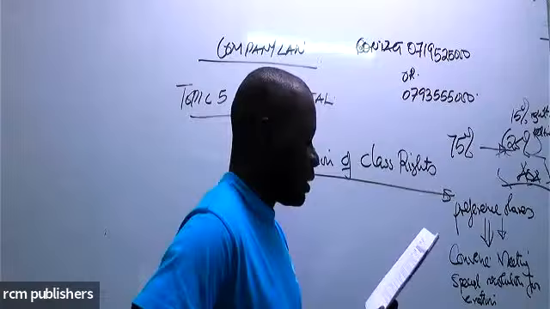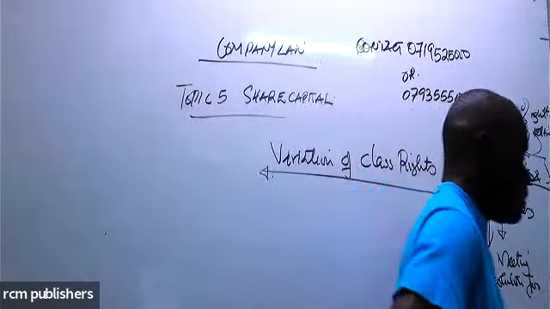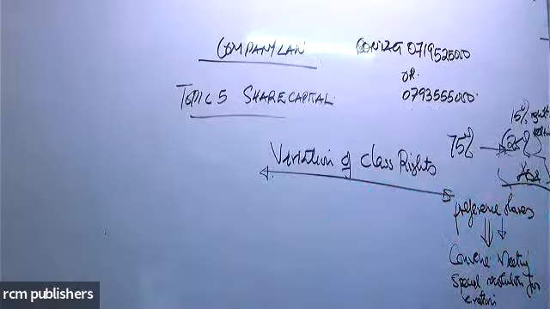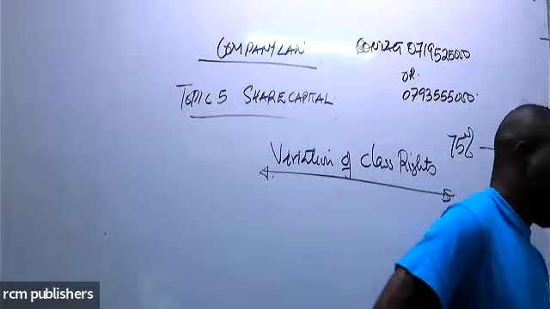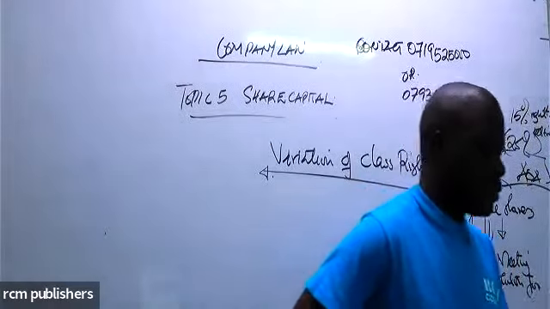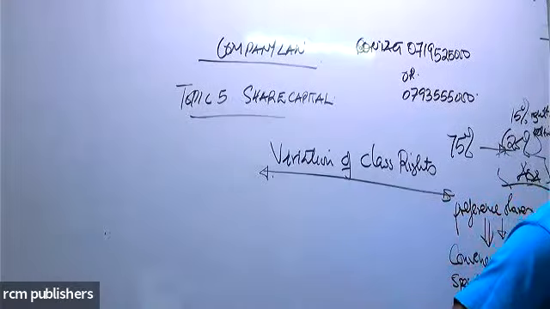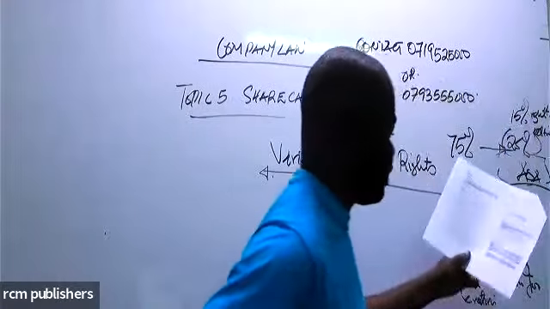So the consent required for the purpose of variation is to be given by the holders of a class of a company's shares, in writing from the holders of at least 3/4 in nominal value. So 3/4 is what? 75%.